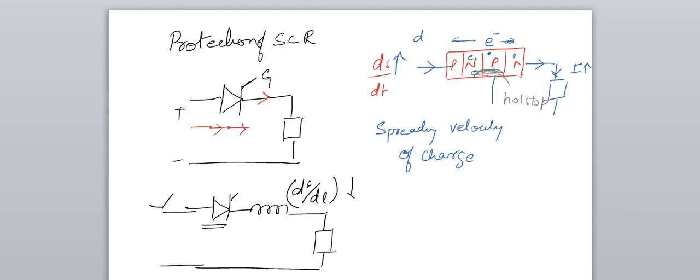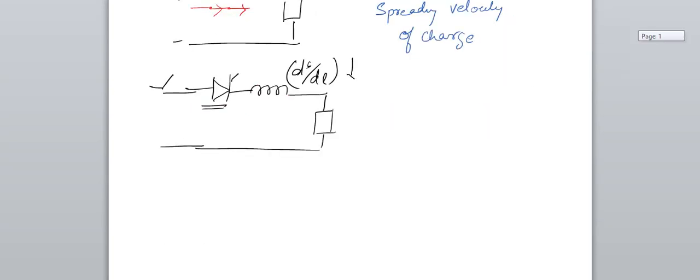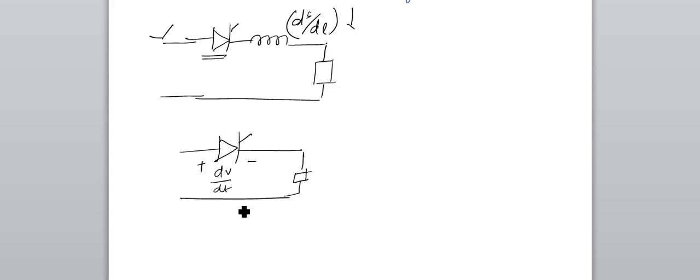The next issue that comes into the picture is that your SCR can get turned on with dV by dt, the rate of change of voltage across it. If you change the rate of change of voltage across it, it can turn on.